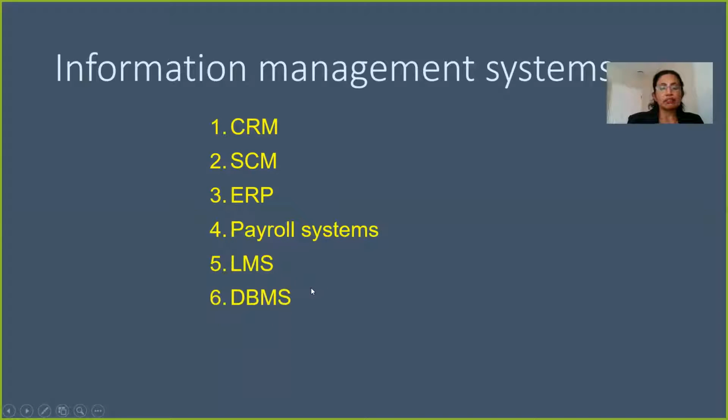Then the next one is the database management system. Even a small organization has two or three databases. Excel is the home database, as we call it. At home we keep our personal budget and that kind of thing in Excel, so at the individual level we use Excel to manage our data.